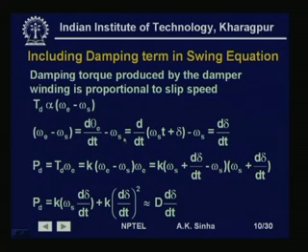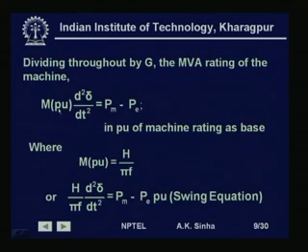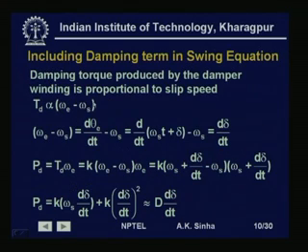So, we can now write theta e as omega s t plus delta, as we had seen earlier when we defined the synchronously rotating reference frame. Theta is equal to omega s t plus delta. So, we are simply substituting this value here.